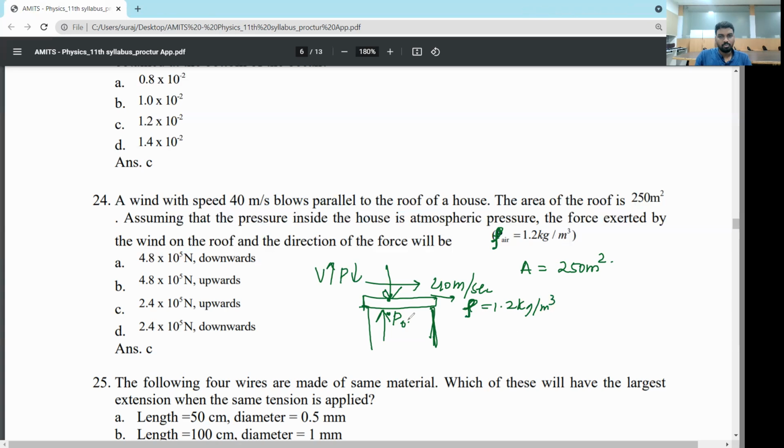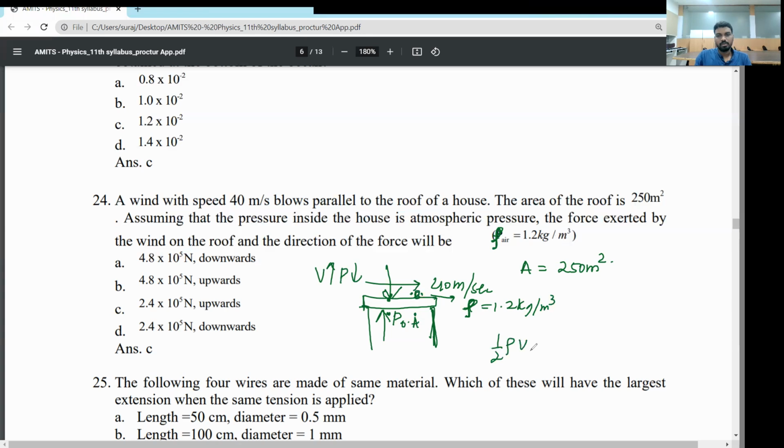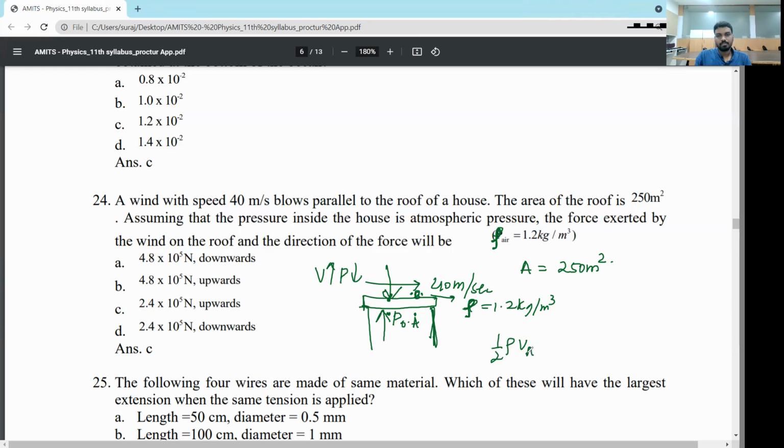Let us say this is point A, this is point B. Bernoulli's theorem: half rho v at A whole square plus rho g h plus pressure at A equals constant.